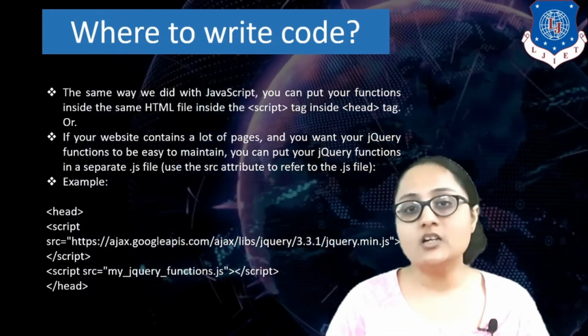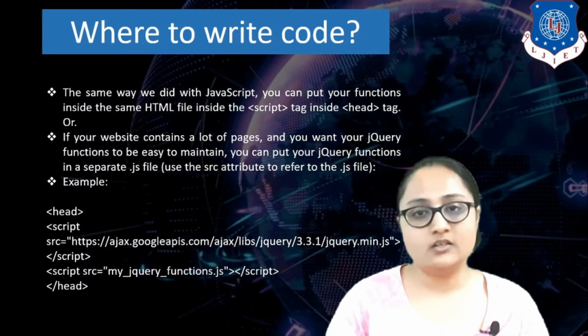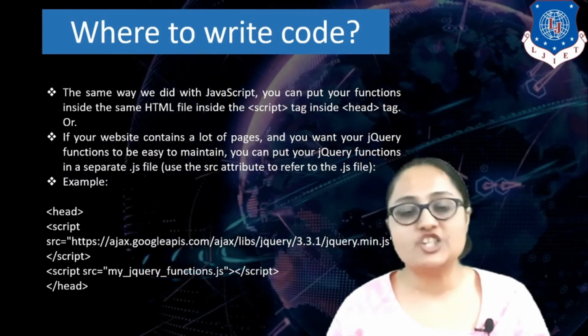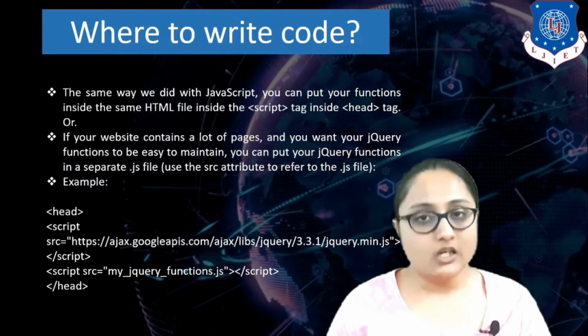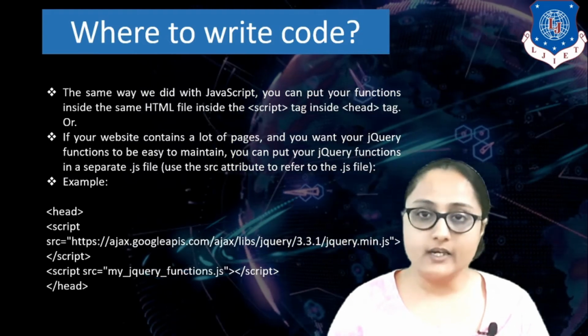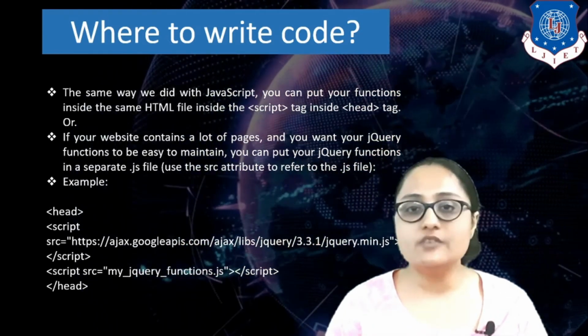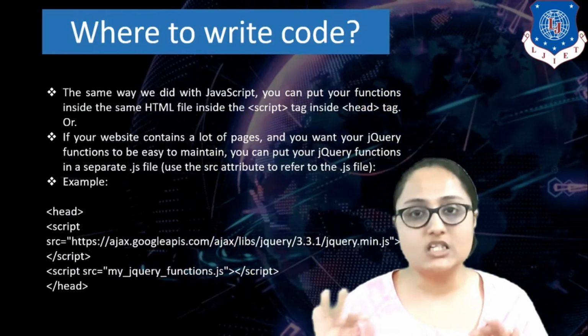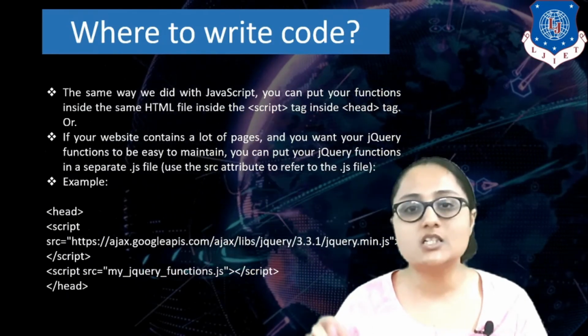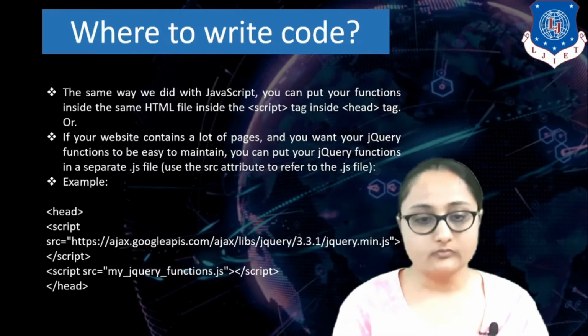This single jQuery file you can include in many HTML pages. So you can use internal jQuery as well as external jQuery. The extension for external jQuery is .js because it is a JavaScript file.